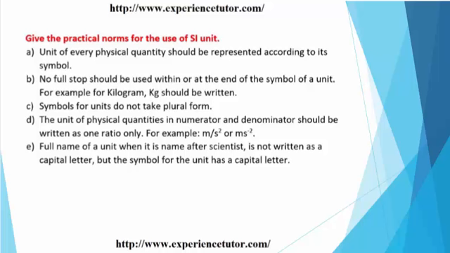D. The unit of a physical quantity in numerator and denominator should be written as a ratio only. For example, meter per second square or m s to the power minus 2. E. The full name of a unit, when it is named after a scientist, is not written with a capital letter, but the symbol for the unit has a capital letter.